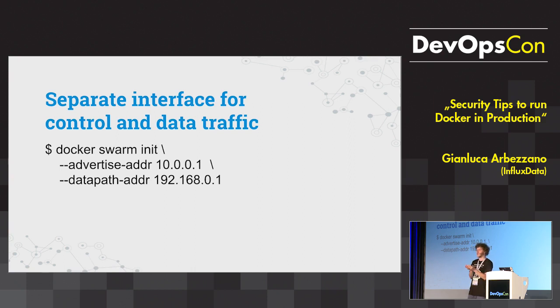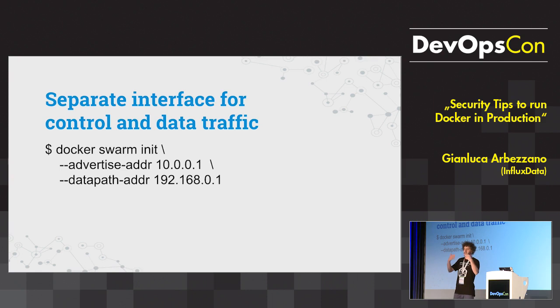Docker Swarm is not just running your containers, it's also trying to understand if it's alive. It's using, I don't remember the distributed protocol, Raft, thank you. It's using Raft to understand if the cluster is alive.